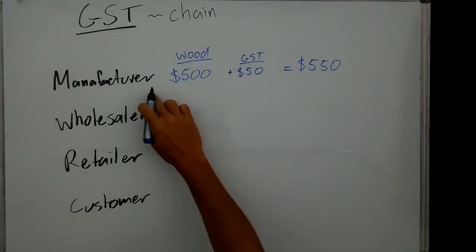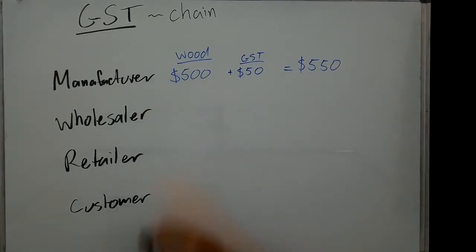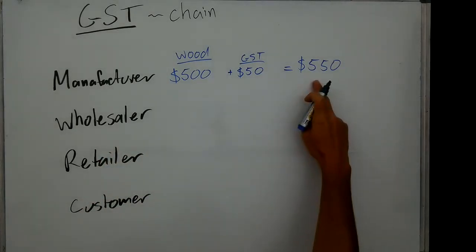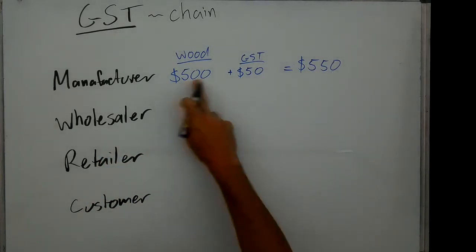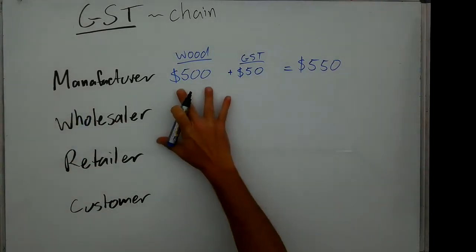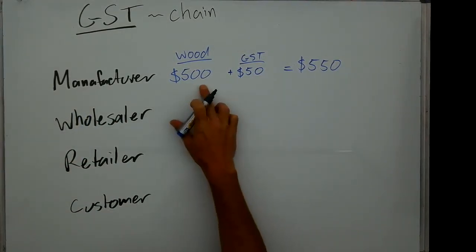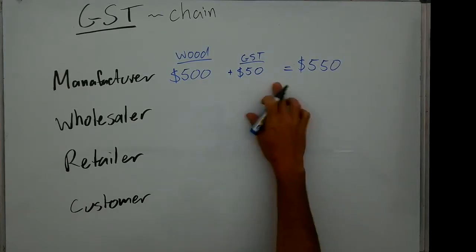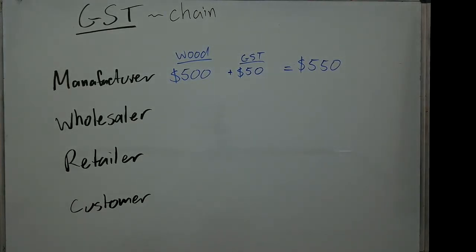The manufacturer then turns the wood into some tables and decides, all right, I want to make some profit, so I'm going to sell those tables to the wholesaler. Keep this bit separate in your head. We're only really talking about profit on this, because this works itself out.